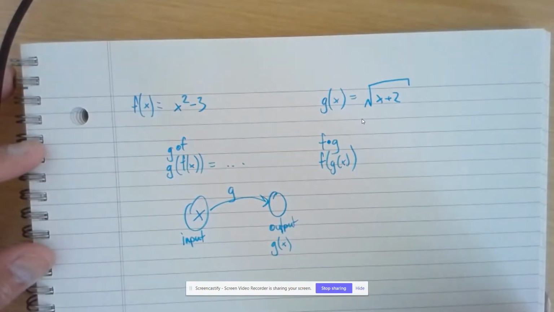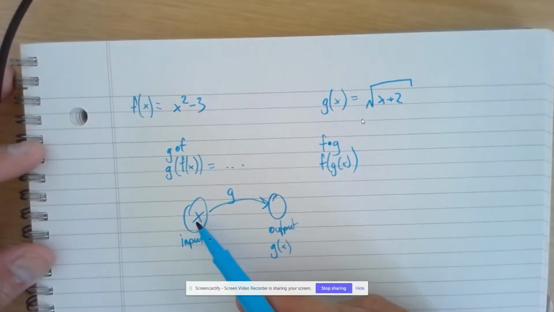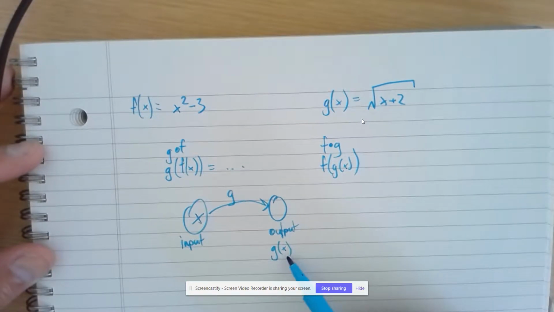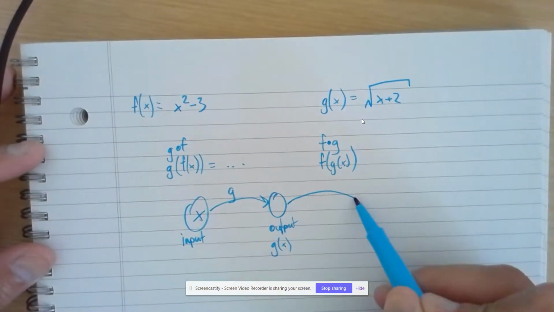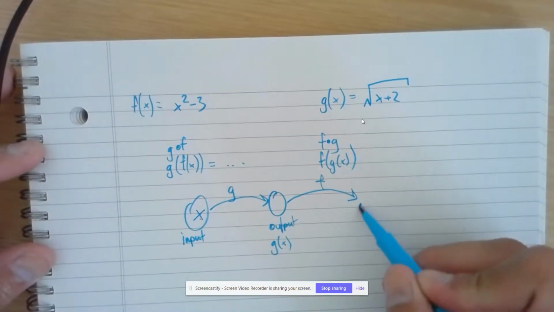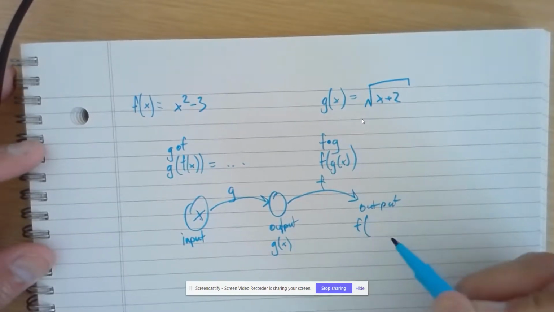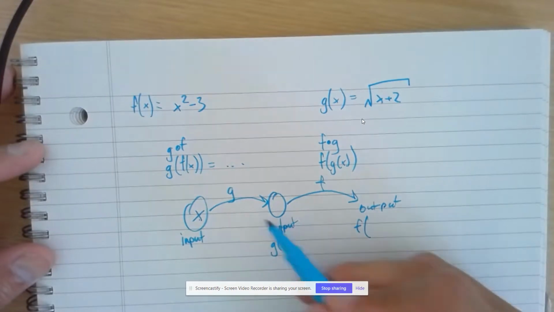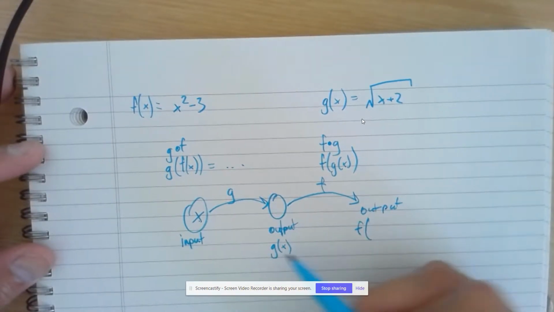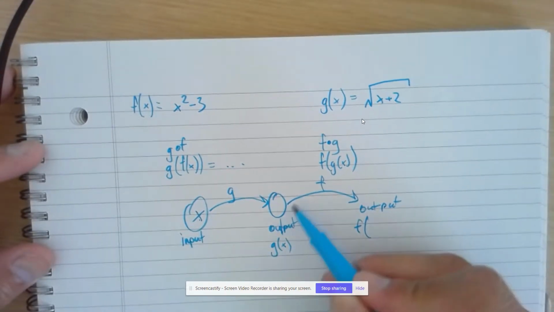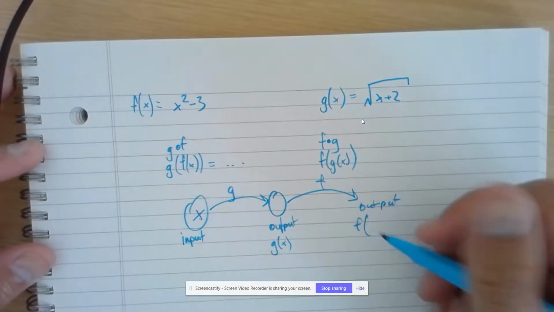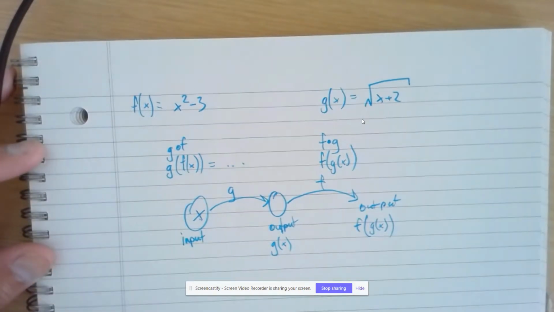Because we put x through g, so you're going to get g of x as the output. And this time we're going to put it through f. So what was your output is now your input going into f. So the f of g of x, okay? We're going to look at what that looks like.